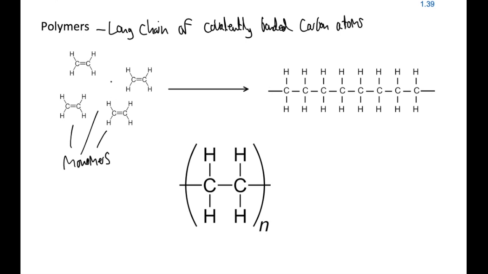By far the most common example given is ethene, which is exactly what these molecules are. These monomers, which are all the same, bond covalently to each other to form this thing called a polymer.